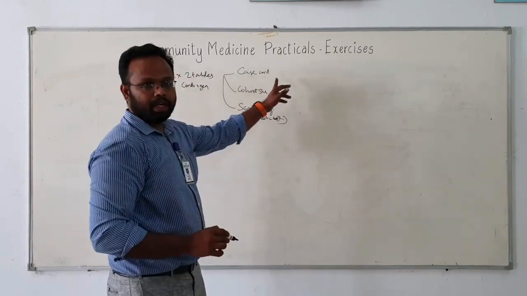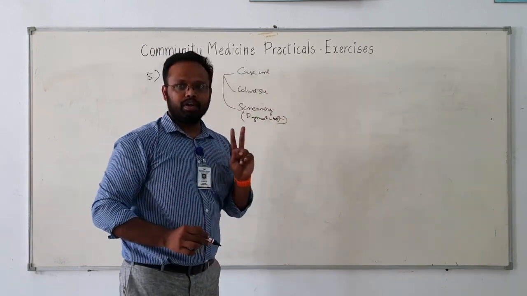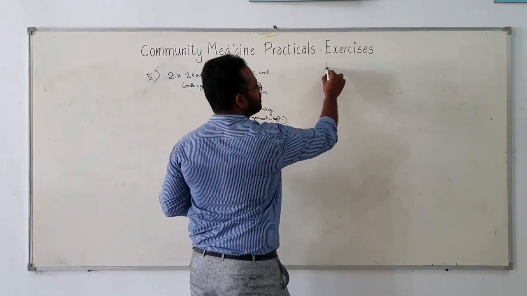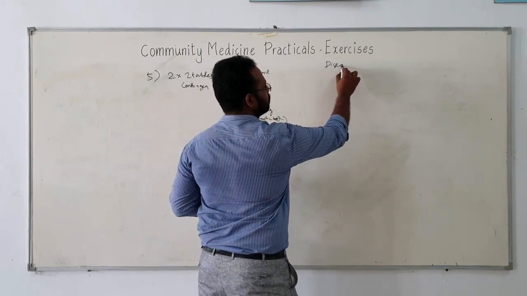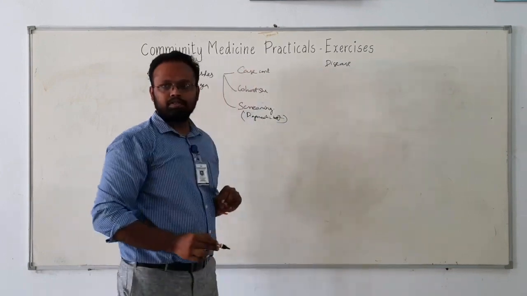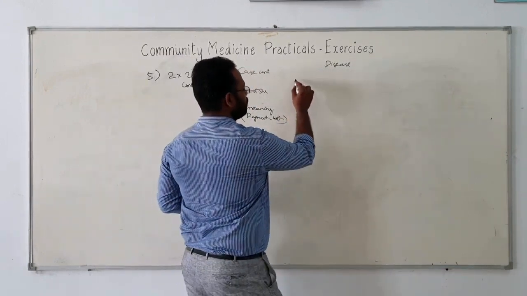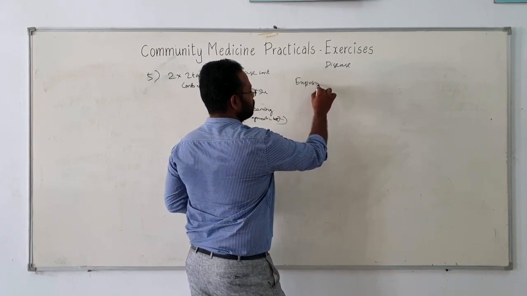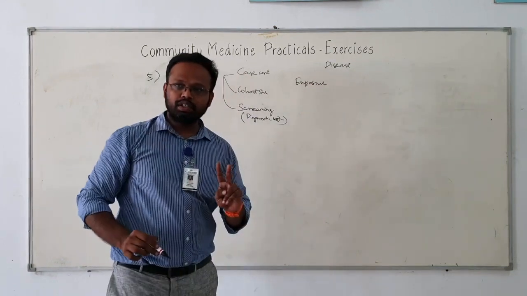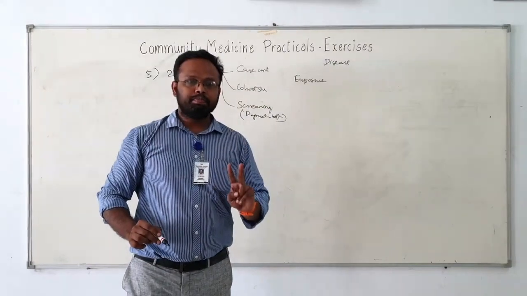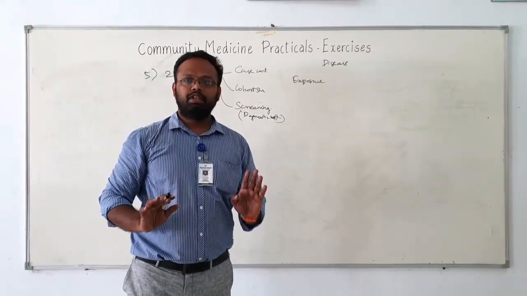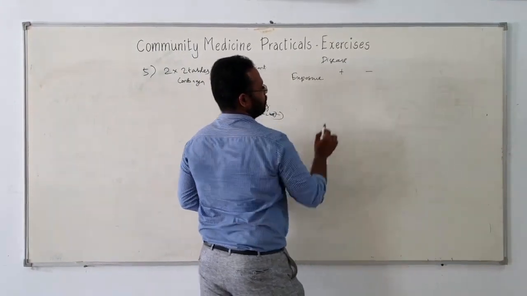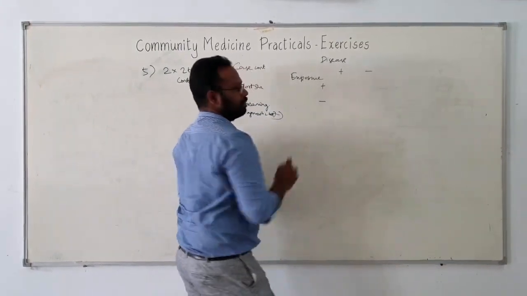In a 2×2 table we have 2 important rules. First, disease should always be on the top, and the exposure should be on the column side. Second rule is, always think positively first. So we put positive first, negative second, positive first, negative second.